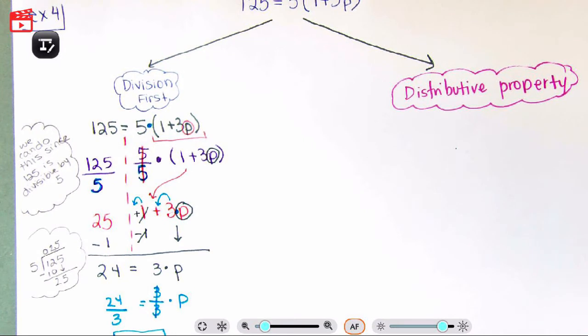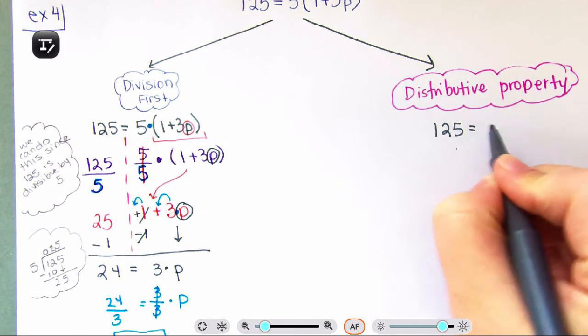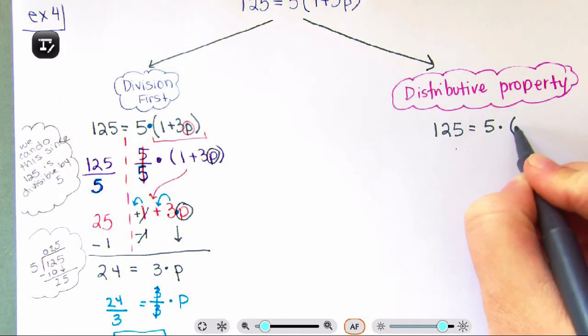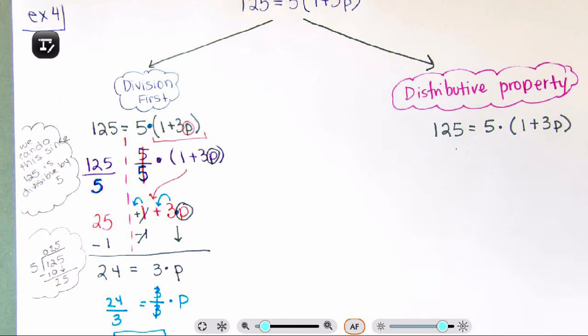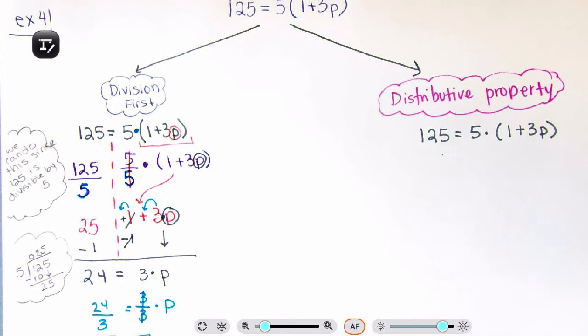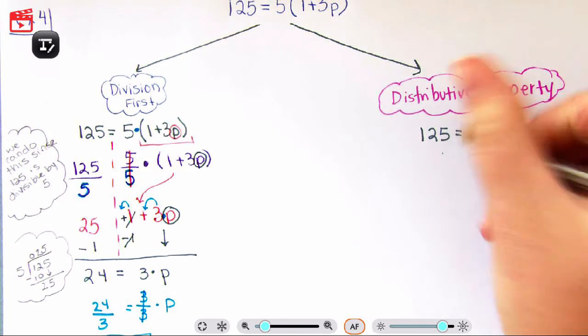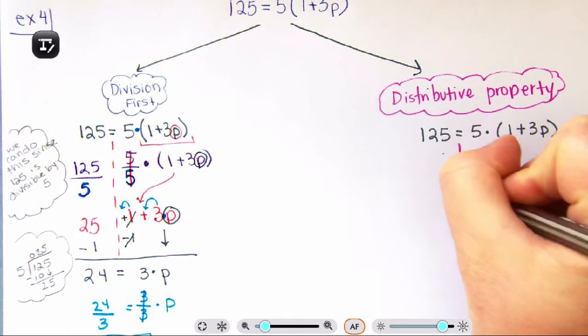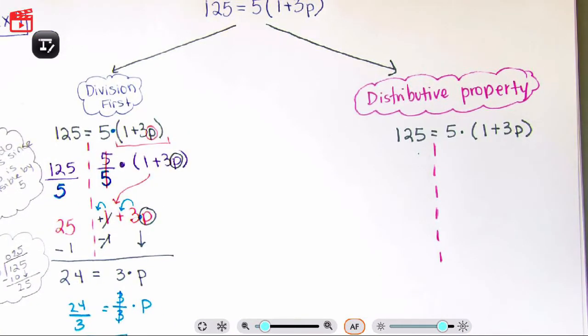But I'll show you the distributive property in this example, because we are going to be using it. So let me write out what we originally have. Originally we have 125 is equal to 5 times 1 plus 3p. And what the distributive property does, let's take care of step number 1 first with our dotted line. Make sure we have our equation split into 2 pieces.